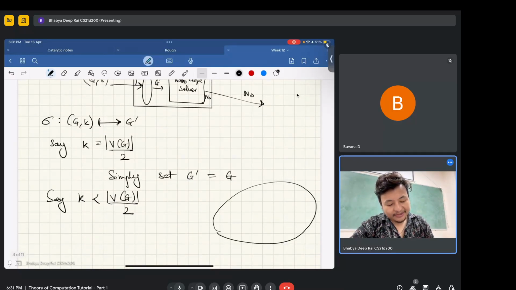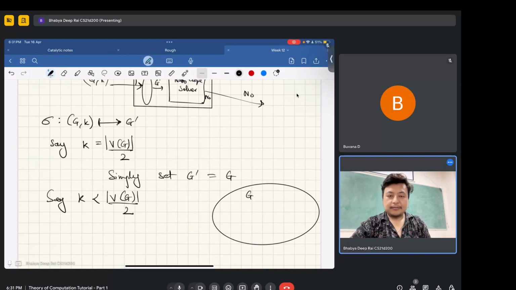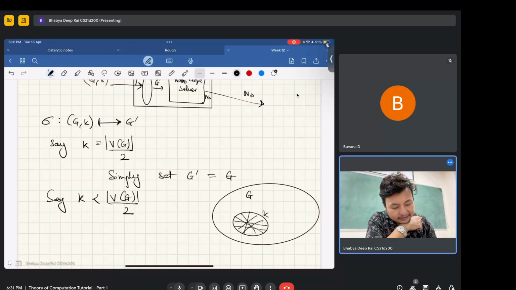You have the graph G. Now what you are doing is asking if there is a clique of size k, a complete subgraph, of size which is strictly less than V of G divided by 2.